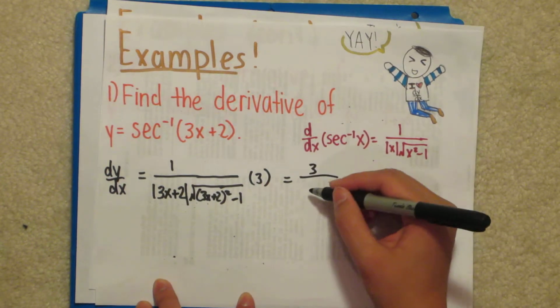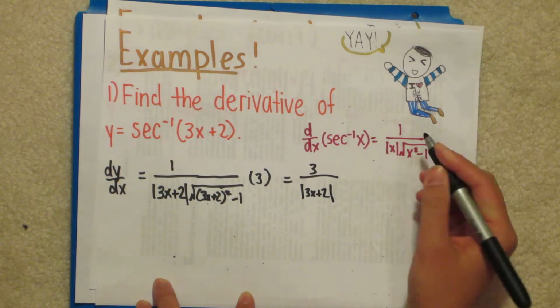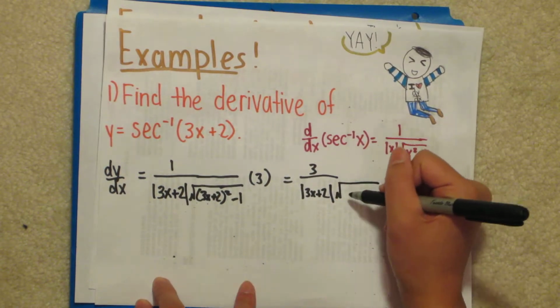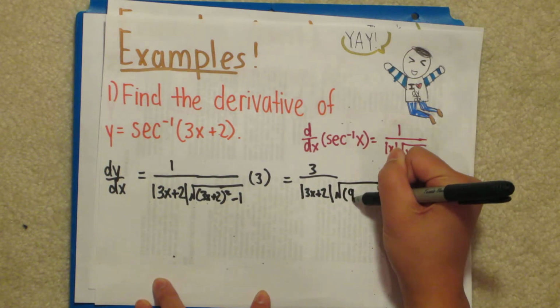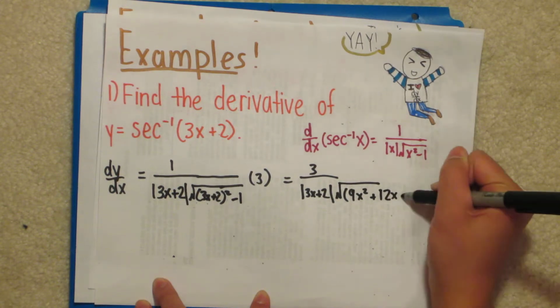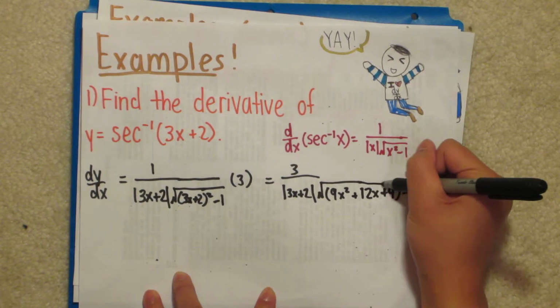So that would become 3 over 3x plus 2 times the square root of, and I'm going to expand that, which is 9x squared plus 12x plus 4 minus 1.